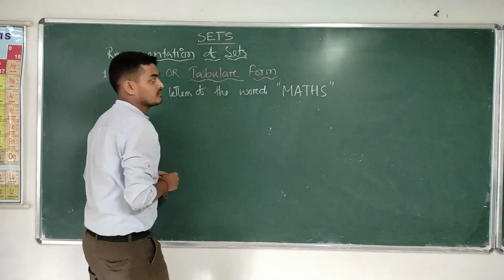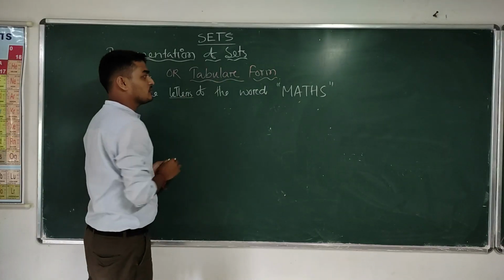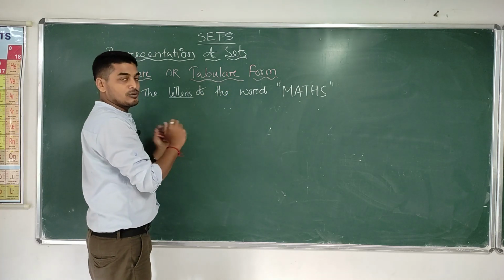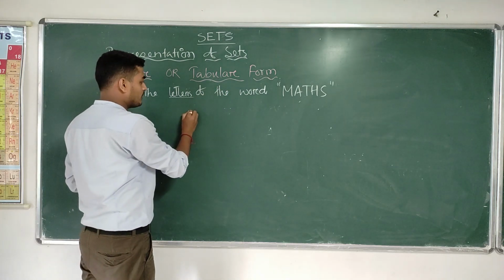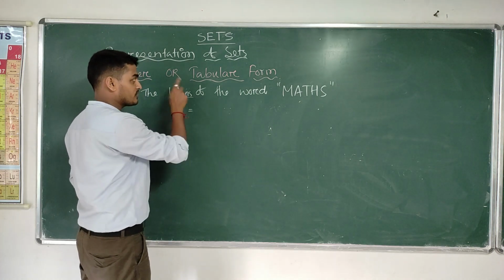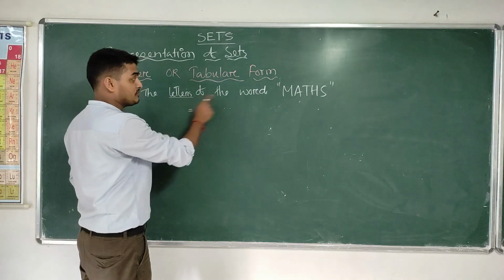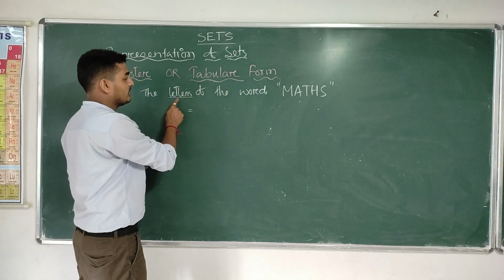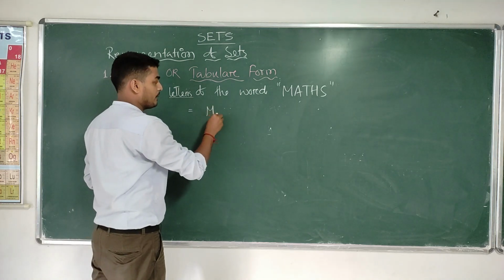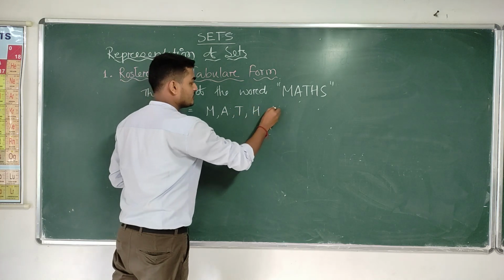In this case, obviously, you have to write down the letters of the word maths. Whatever letters are in the word, you have to mention all those elements. So remember the representation of set: in case of tabular form, we have to mention the elements. Here, letters are considered elements. So what are the letters? M, A, T, H, S.